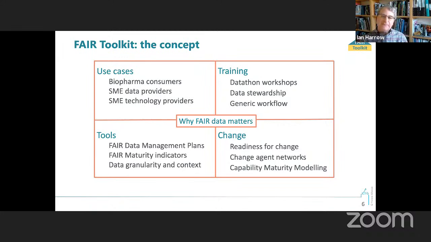We picked three aspects of change management: readiness for change; change agent networks, which are basically networks of data stewards and other really important stakeholders in a community, or in the case of industry, a business area is the most likely community that's meaningful; as well as FAIR capability maturity modeling, which are the different levels of maturity that you can find within an organization, where the organization can understand how it is implementing, at an organizational level, the investment in infrastructure that it takes to support making data FAIR. So that was conceptually what we had in mind to build into our toolkit.